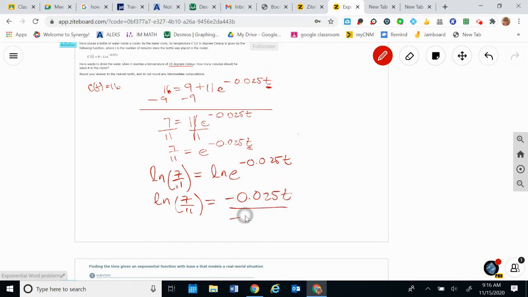And now all you have to do is divide both sides by this. Now we've solved for t.